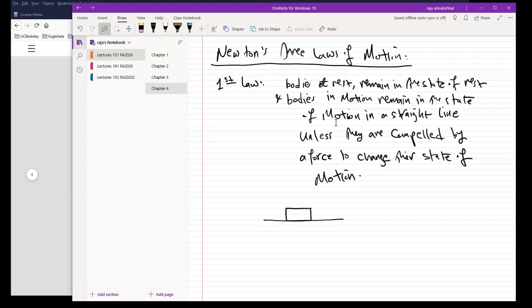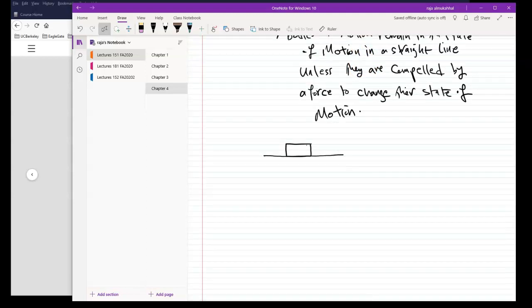As long as there is no force on it, it will continue in the state of motion, specifically in a straight line. Unless they are compelled by a force to change their state of motion. So basically what it says here is what we have just said. The force changes the state of motion of the object. Got it? Okay. More on this law later as we start doing applications.